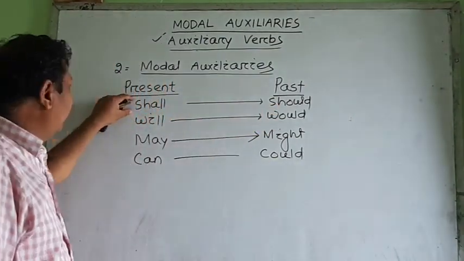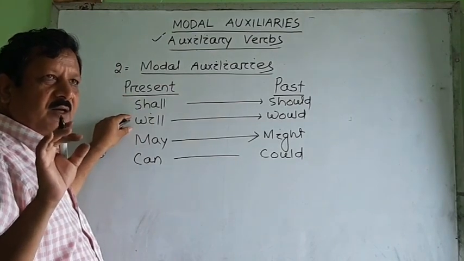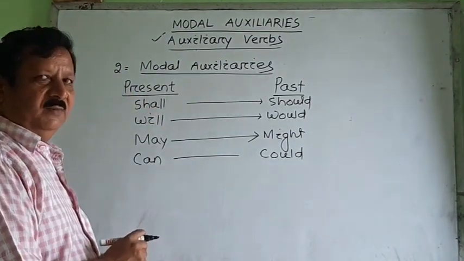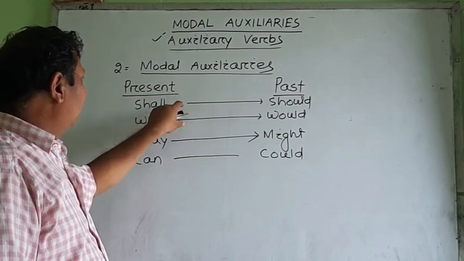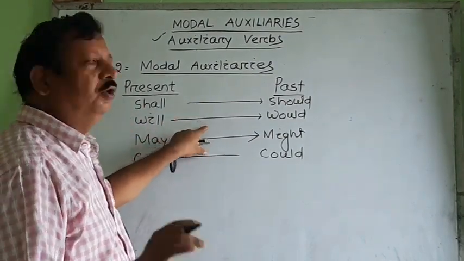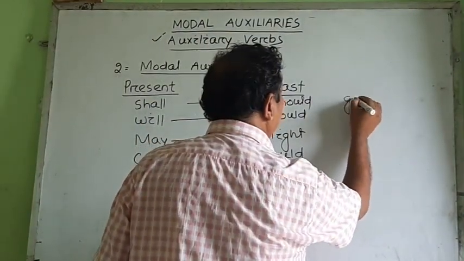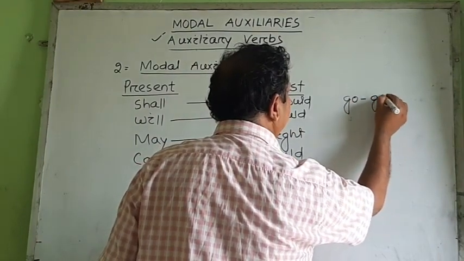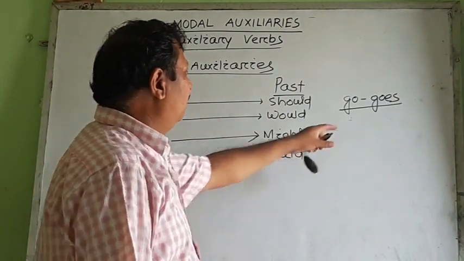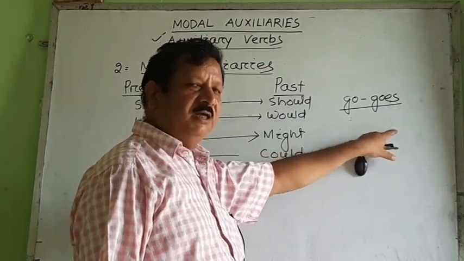Generally shall is used with the first person, but will is used with the second and third persons. So different uses are there, and they don't have any other forms. Suppose in the case of go, we may write goes, does not go. Go becomes goes, do becomes does, have becomes has.